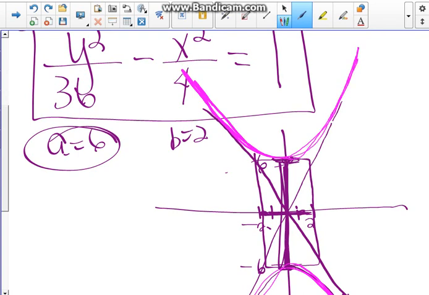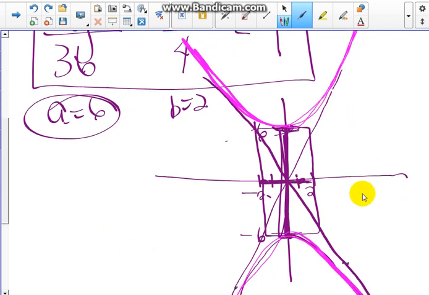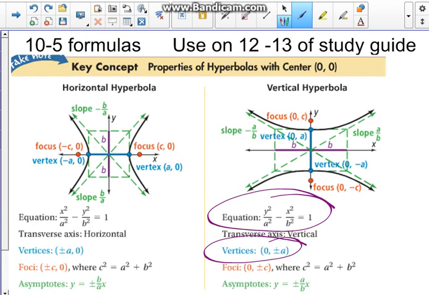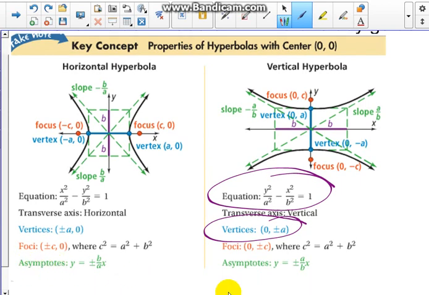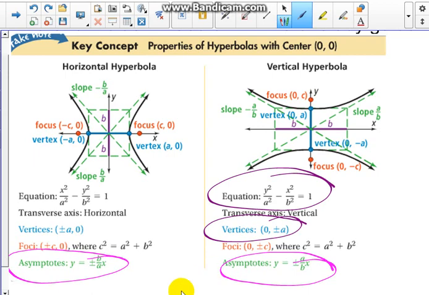So you would be picking this from a multiple choice answer, so you would just know that's how you find it. You could also get your asymptotes with the slopes, and the slope formulas are given right here with your asymptotes. It's the positive and negative. For vertical, a over b x, and for the horizontal, it's y equals positive and negative b over a x.